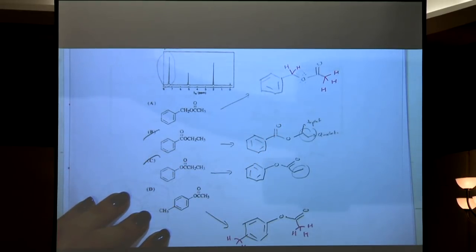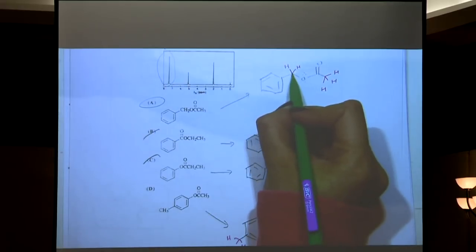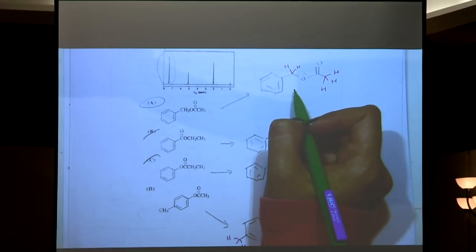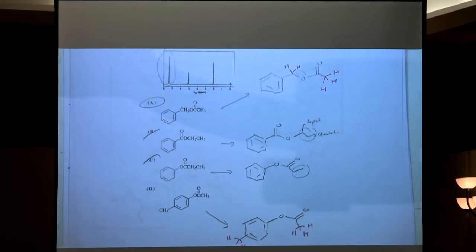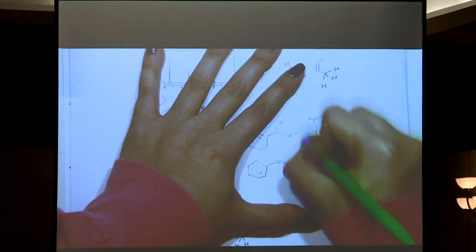Therefore the answer should be, let me make sure, I don't want to say the wrong thing. Yes, it's A, because we have shielding over here for these hydrogens. I'm just going to erase this because it looks messy.